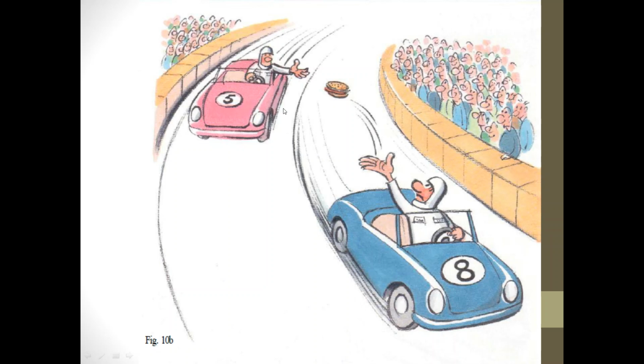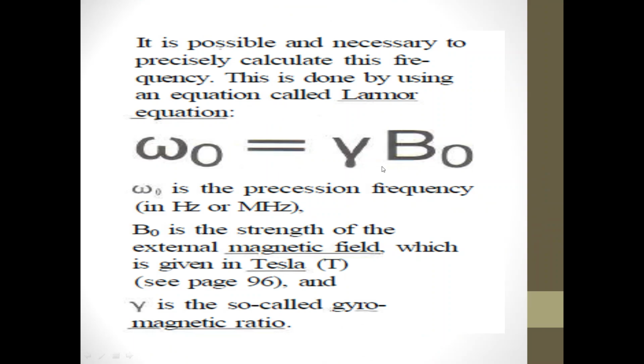Okay, and as we discussed before, the angular frequency, which is the precession frequency of the proton, depends on the external magnetic field, which is angular frequency equal to gyromagnetic ratio times external magnetic field, which according to the machine may be 1 Tesla or 0.5 Tesla or 1.5 or 3 and so on.